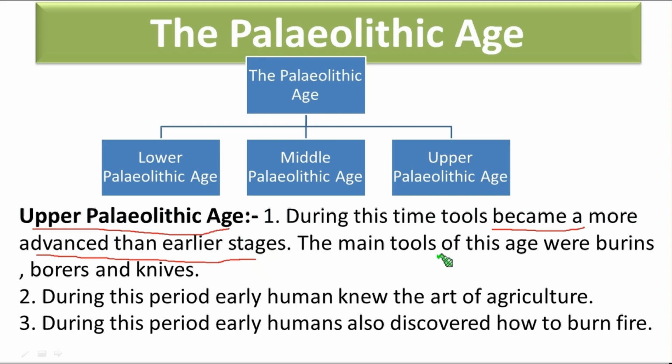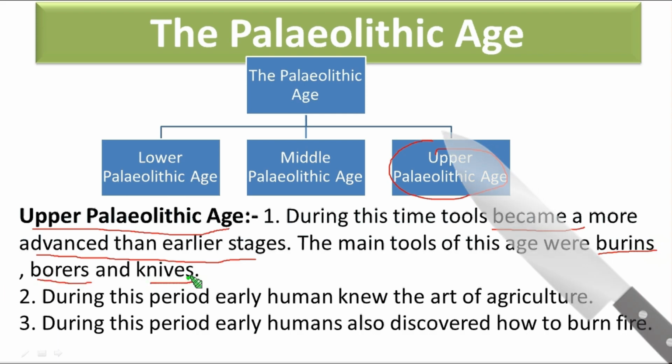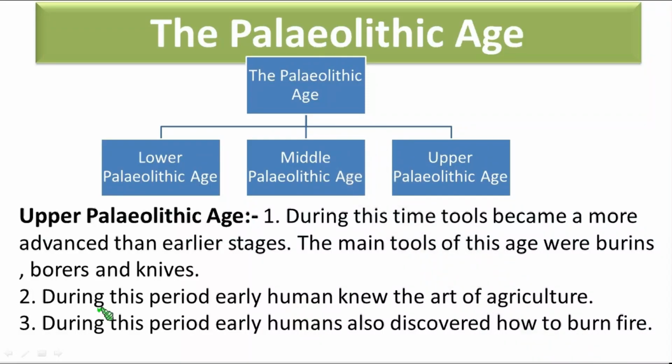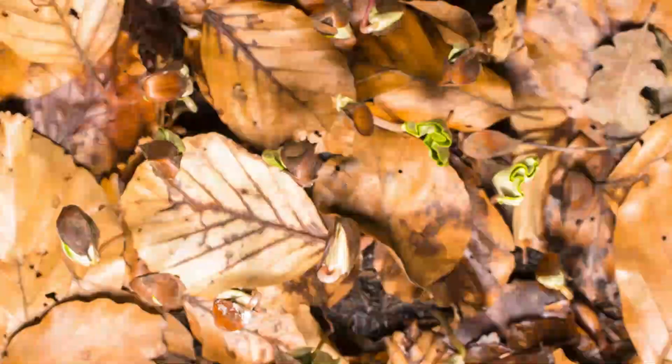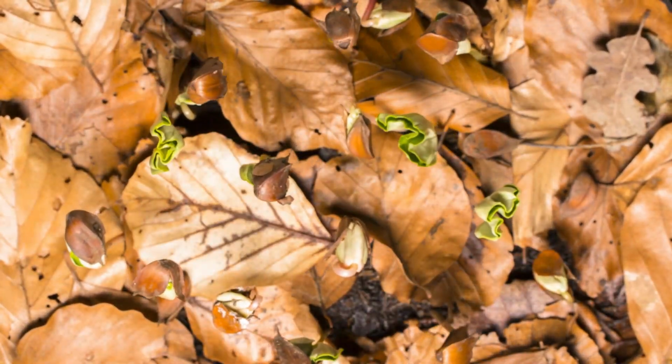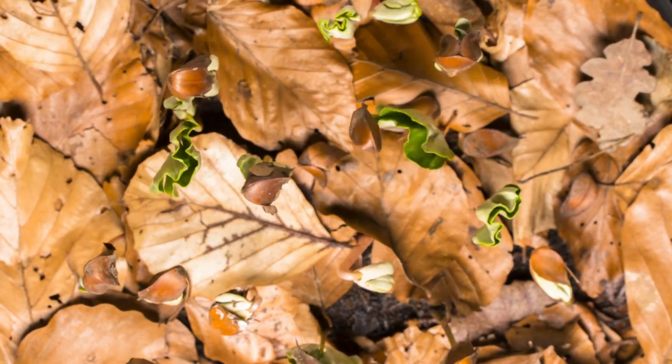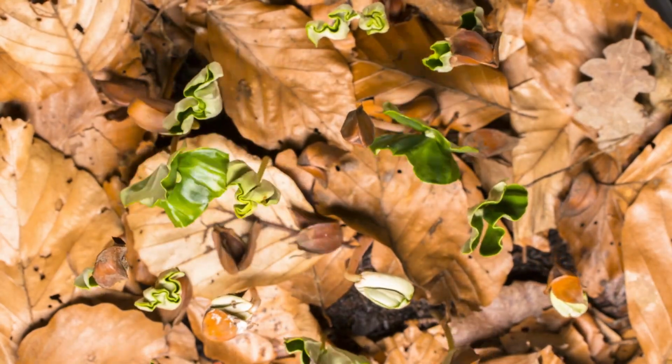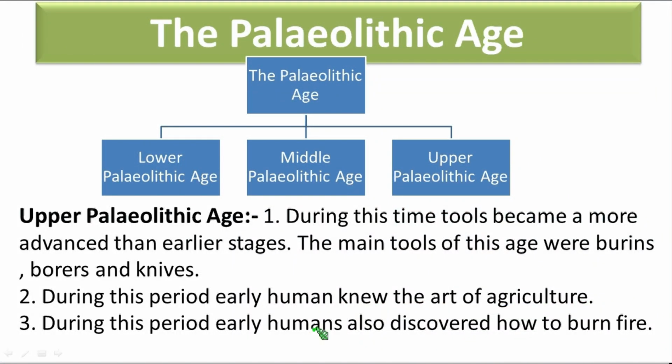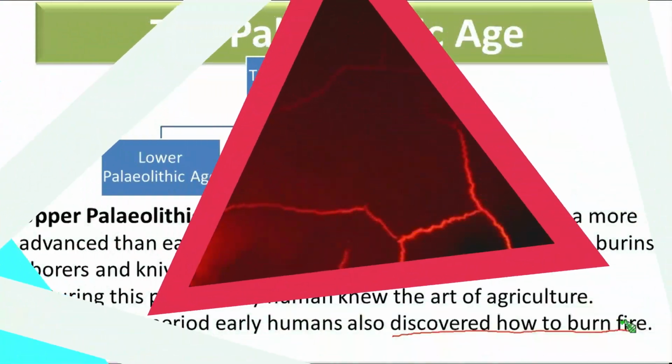The main tools which were used during the Upper Paleolithic Age were burins, borers, and knives. But the most important achievement of this period was that early humans knew the art of agriculture during the Upper Paleolithic Age, and during that time they also discovered how to burn fire.